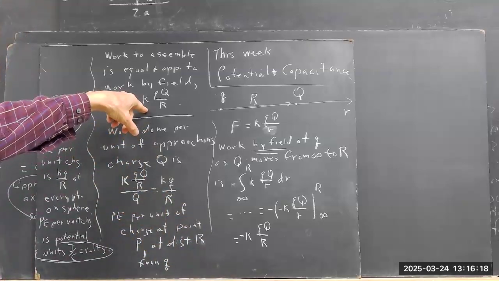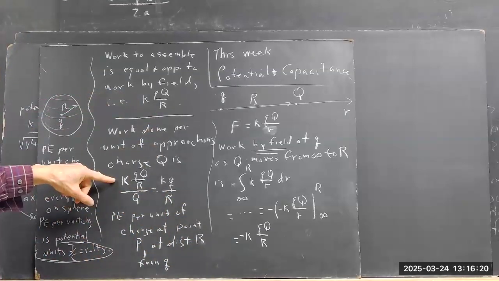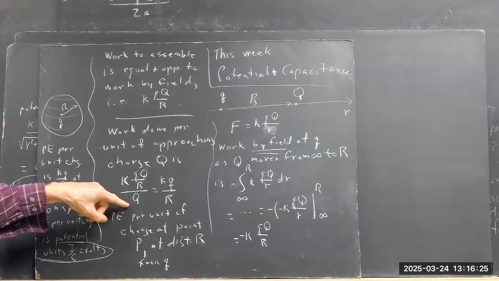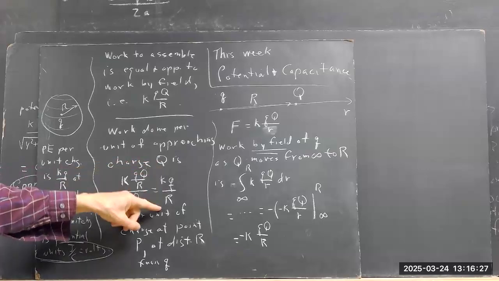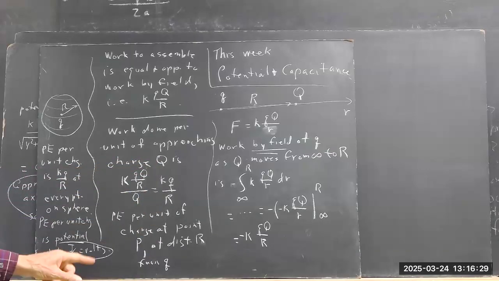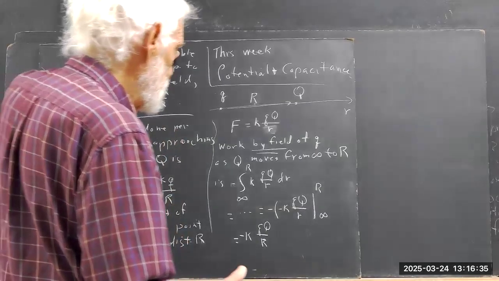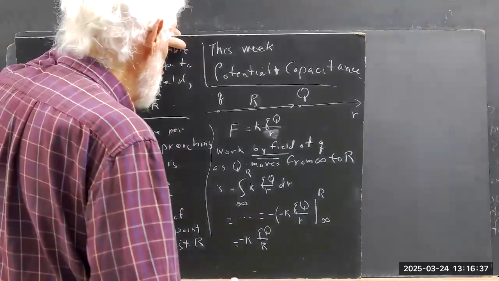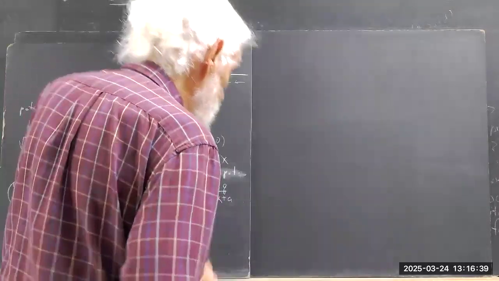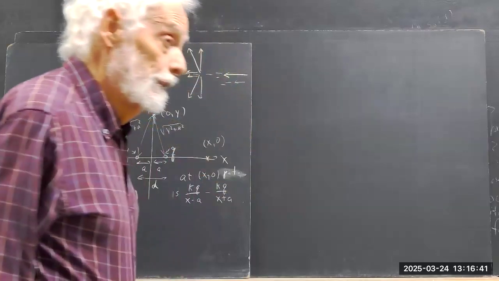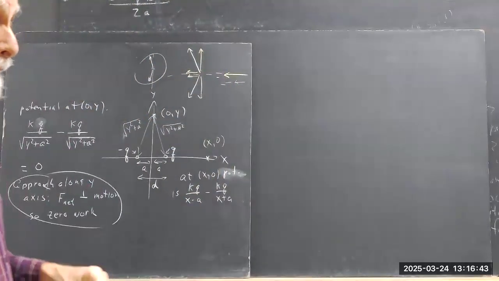And of course this has SI units of joules, and this has SI units of joules. But now this has units of coulombs, so this has units of joules per coulomb, which, you know, are volts. So you want to put all that together. That's worth repeating, because that's really the fundamental idea behind potential.